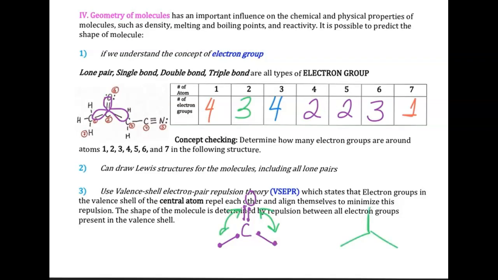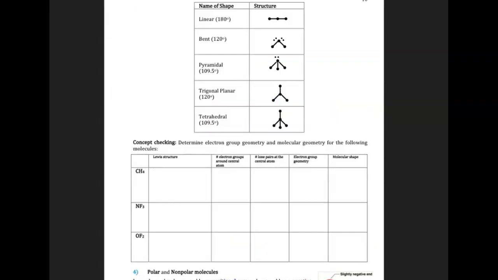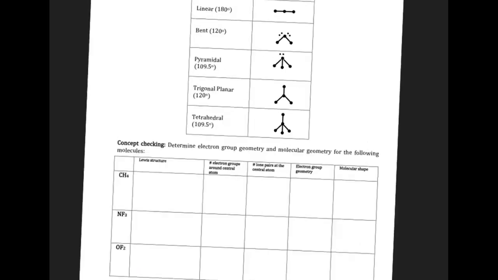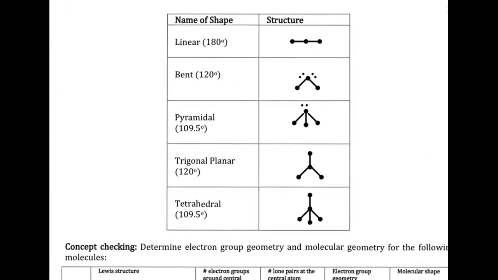So they are going to distribute themselves to minimize the repulsion, and that's why the theory suggests this. So now you can see, for example, here we can look at different shapes and different names. If you have a central atom with only 2 electron groups around it, it's going to be a linear shape.